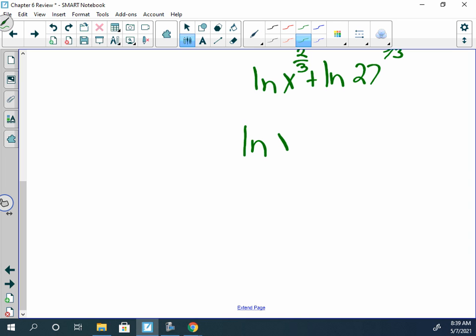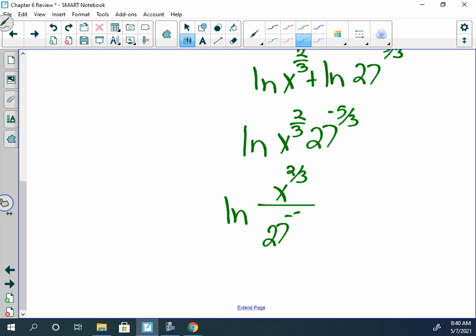Now, because they're added together, we can rewrite it as multiplication. Now we do need to move the 27 down to the denominator to make it positive. And I have a feeling it's not 27 to the 5/3 in the back.